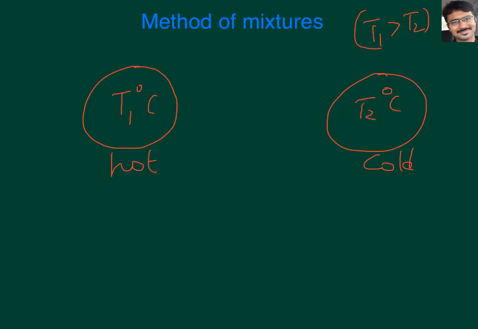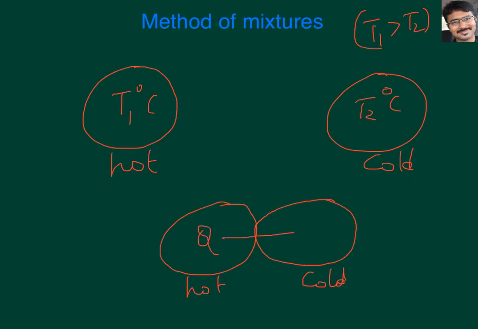Now suppose I keep these two bodies in contact. What will happen here? We know the one phenomenon that heat always flows from hot body to cold body. Heat energy always flows from where to where? Hot body to cold body.